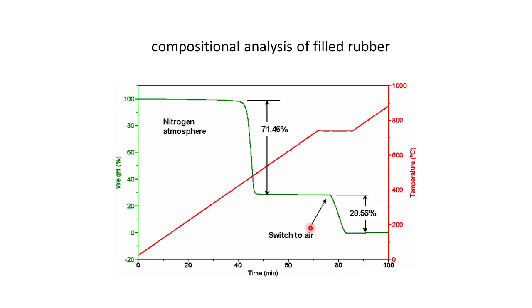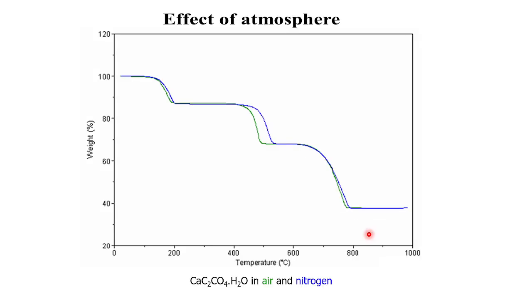Now when the atmosphere changes from nitrogen or inert to oxidative atmosphere or air, the second loss takes place, that is around 28.56%. Now what is the role of the nitrogen or oxygen? Since in air there is oxygen, there is a chance of oxidation when you are increasing the temperature. Based on the different nature of the material, it has a different tendency to oxidation.